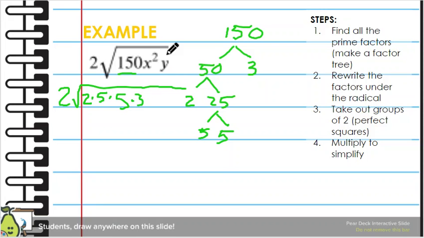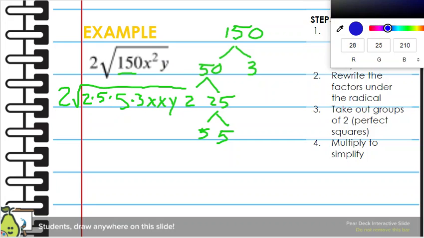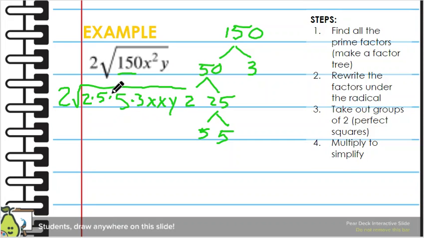All right, I also have these variables here, right? I have x squared, so that means x times x, and I have a y. So now I can go through and pull out my groups of 2. I see I have a group of 5, so that 5 I know I can pull out, and I have a group of x's that are the same, so I can pull that out.